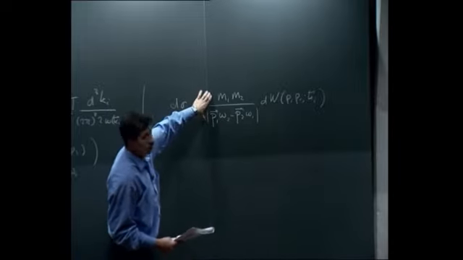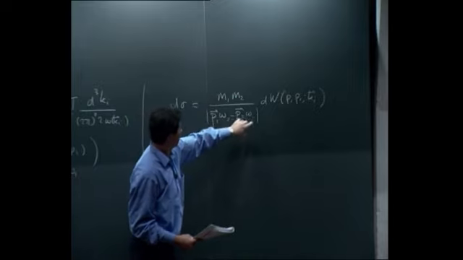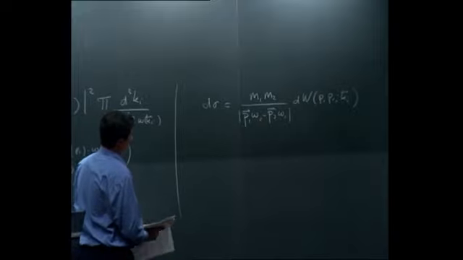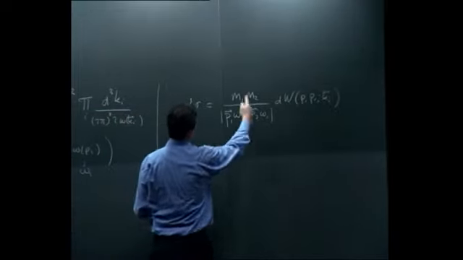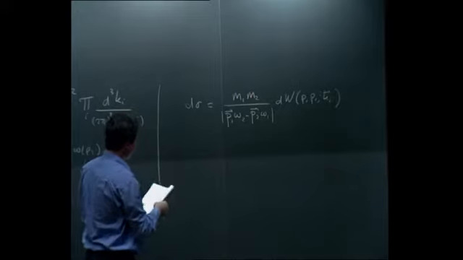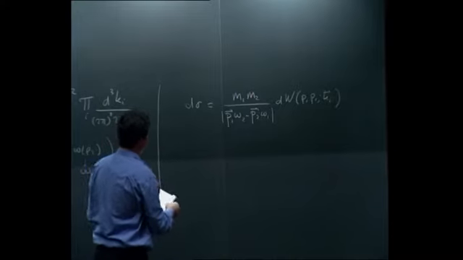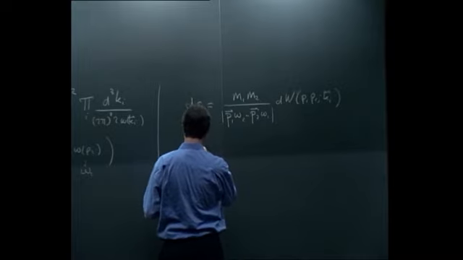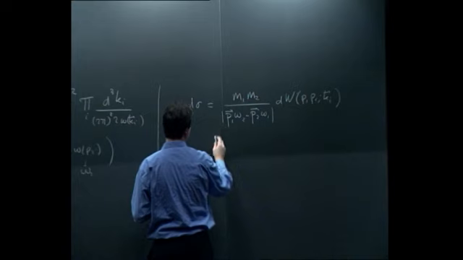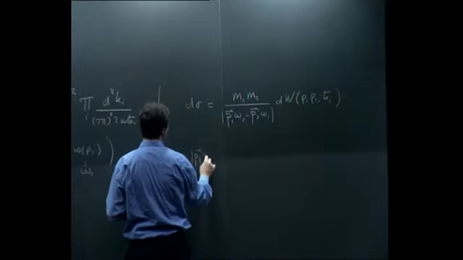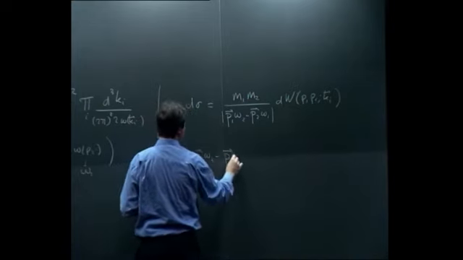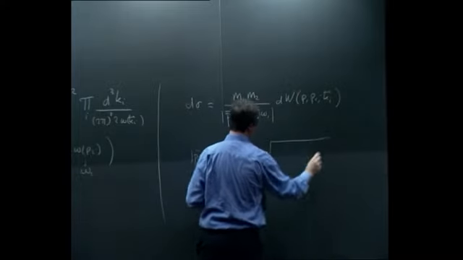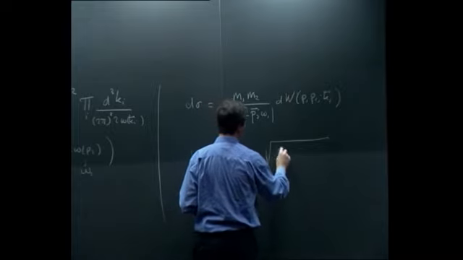This doesn't really look covariant. Actually, there's a way of making this invariant and covariant by noticing that this expression in the center of mass frame can be rewritten and then transformed into any frame. This numerator can be rewritten as a square root of the inner product of P1, P2.